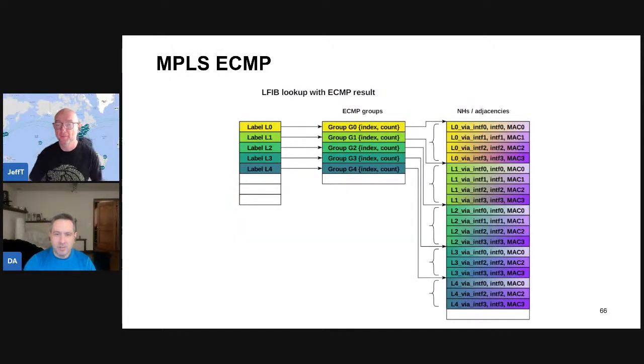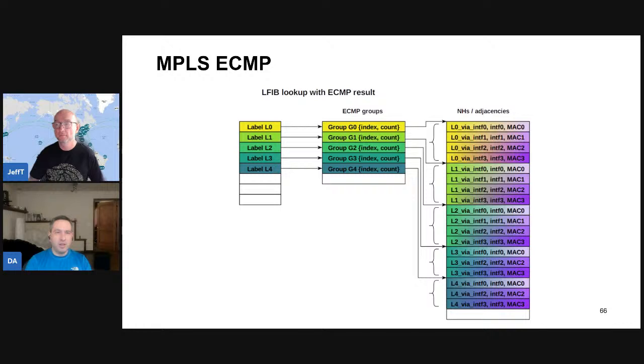Yeah, since we are talking about ECMP, I want to talk a little bit about MPLS and ECMP. At one point, we really wanted to do data center design with MPLS, and there are a lot of arguments for it.